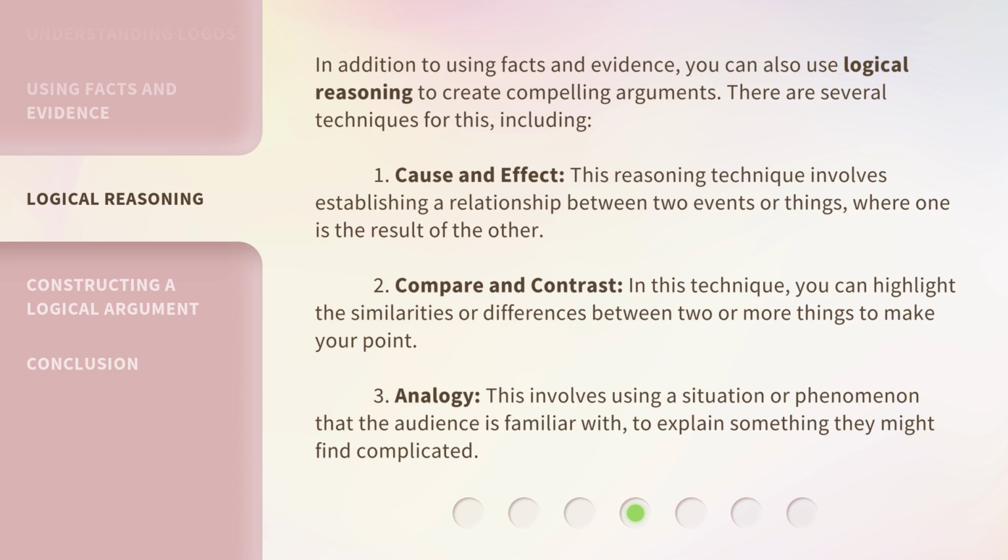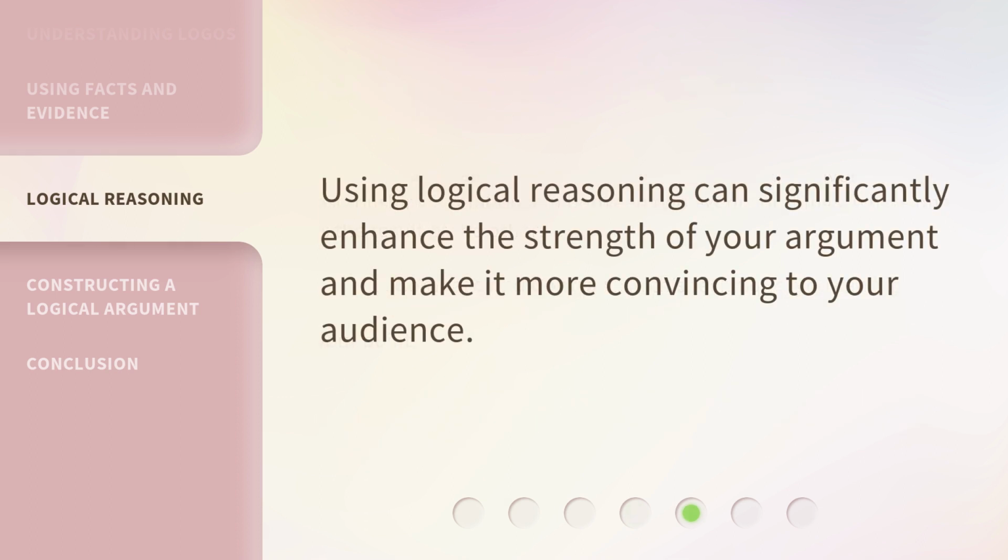In this technique, you can highlight the similarities or differences between two or more things to make your point. 3. Analogy. This involves using a situation or phenomenon that the audience is familiar with, to explain something they might find complicated. Using logical reasoning can significantly enhance the strength of your argument and make it more convincing to your audience.